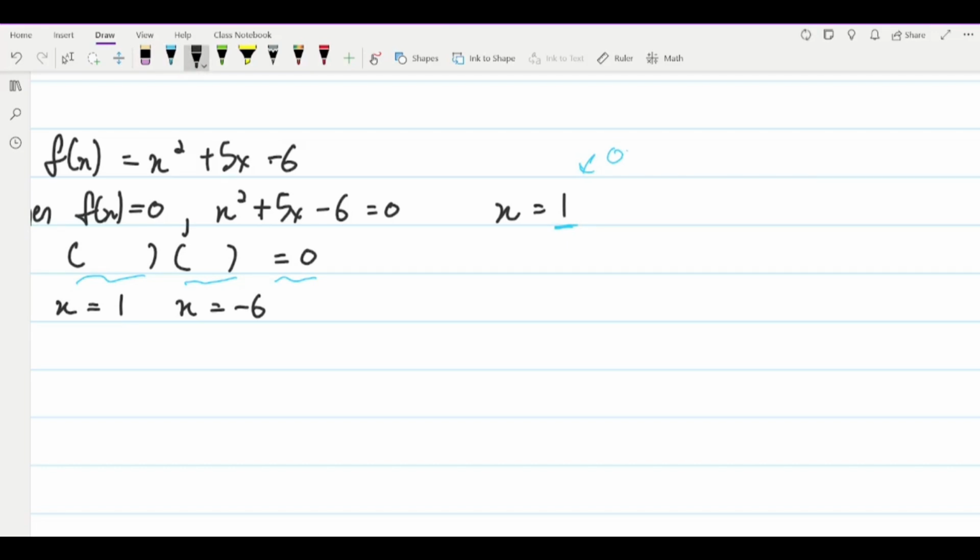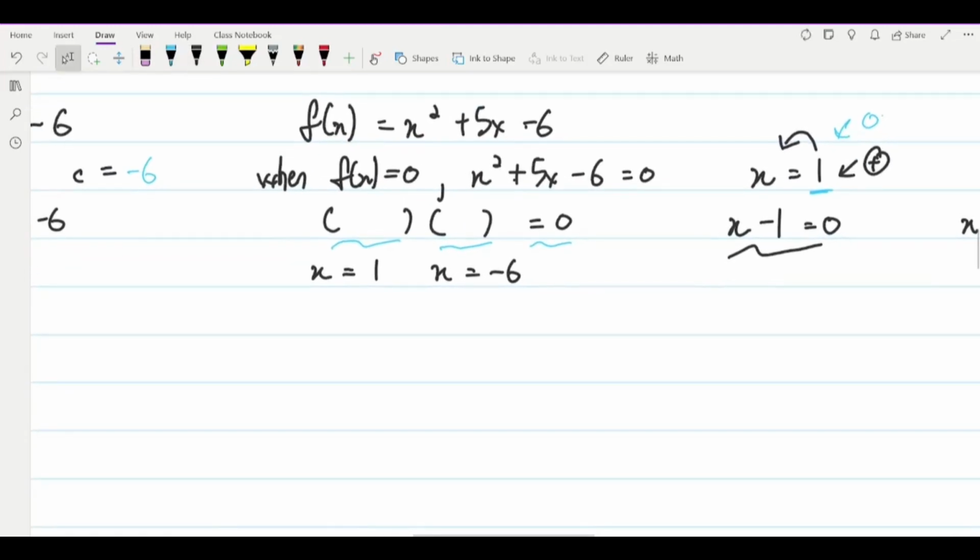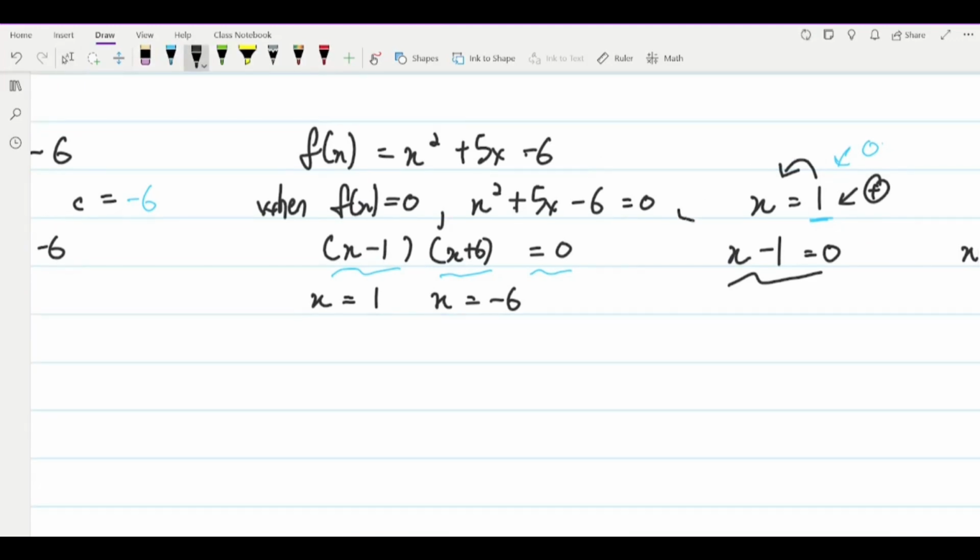How to become 0? You want to change the position. Change the position to the other side, so it will be -1, because here is positive, right? So the answer will be like this, and another will be -6, so plus 6 equal to 0. So you know what you want to write here. Here is 1 mark, 1 mark, and 1 mark.